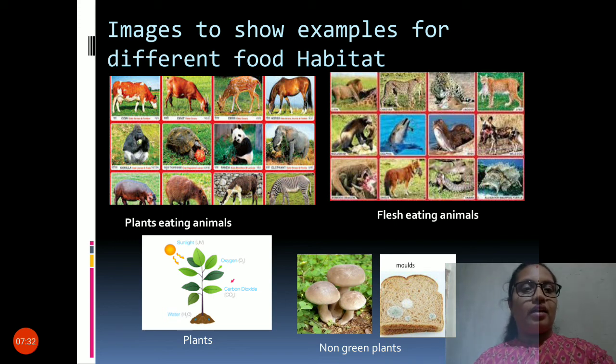Okay, then the non-green plants also, I have shown mushrooms and molds, you can observe. If you keep bread for a long time, there is a presence of small growth, that is what is called mold, and it is also a non-green plant. Sometimes even in water you can observe that. These plants get food from decaying matter in the soil. All the examples I wanted to show are in the picture.